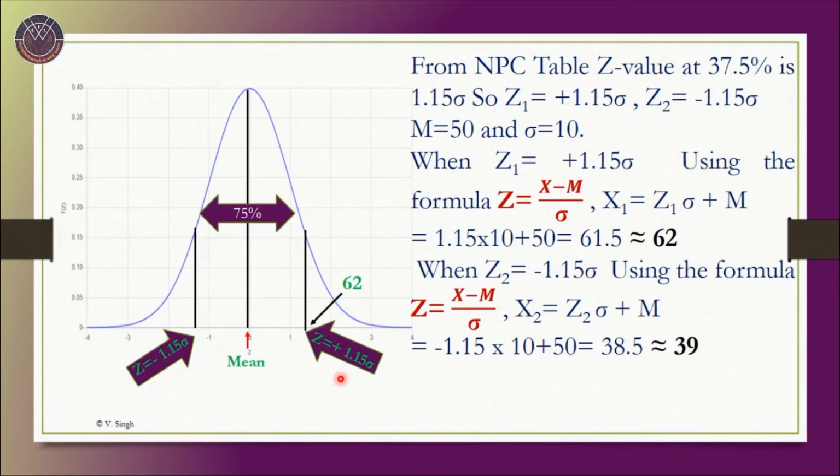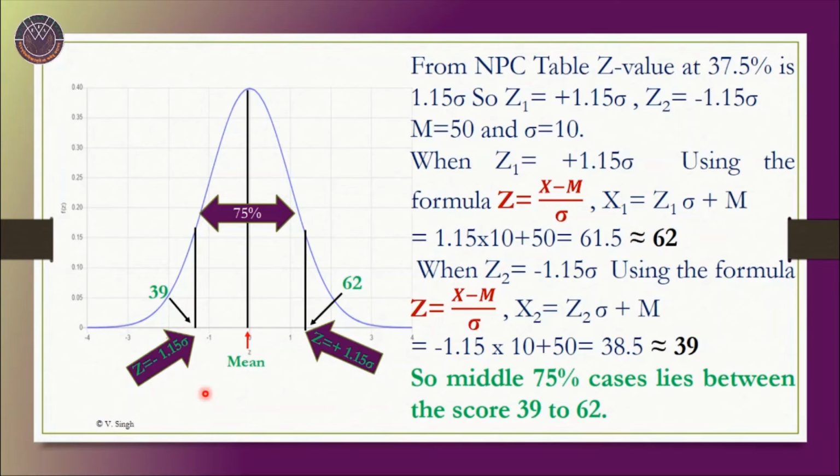Similarly, when Z2 is equal to minus 1.15 sigma, using the same formula, we get x2 equal to 39. So we have got the two raw scores, 62 and 39. We can say that the 75% cases lie in between the scores 39 and 62. So we have solved this problem of finding out scores within which a particular percentage of cases lie.